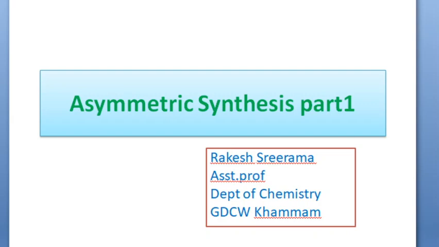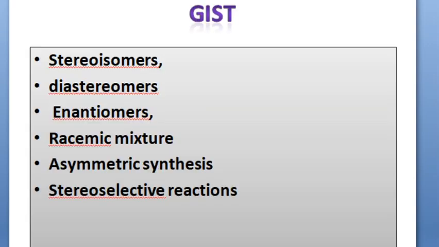Before going to the lesson, let us see what we are going to learn in this module, in this part 1. Stereoisomers, diastereomers, enantiomers, racemic mixture, and then we see asymmetric synthesis and stereoselective reactions.